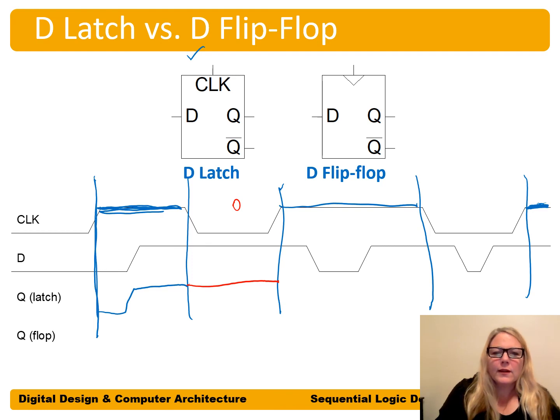Now, when clock goes high again, it again passes D through to Q. Clock goes low again and just retains the state that it had right before the clock went low. And then finally, the last time clock goes high, D is still high, so it stays high. Q just follows whatever D does.